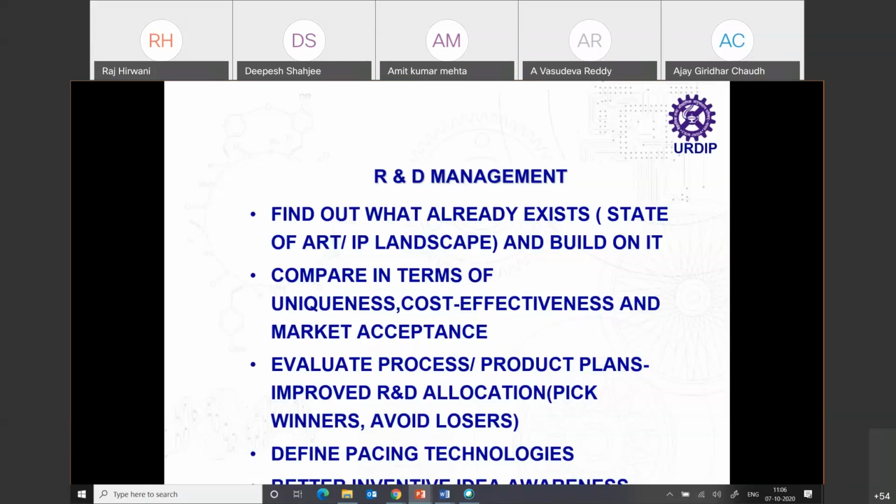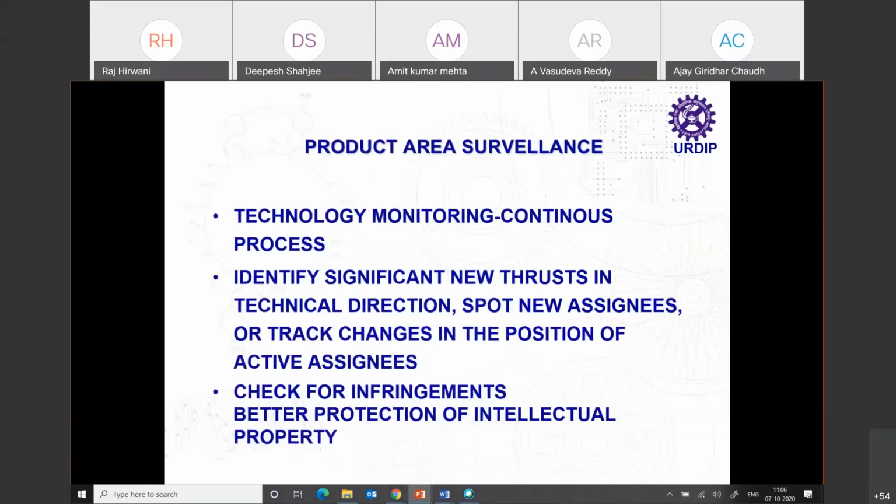This technology monitoring is a continuous process. On a monthly basis, those 300 patents are analyzed and a report is made. We're able to identify significant new thrusts in the technical direction.